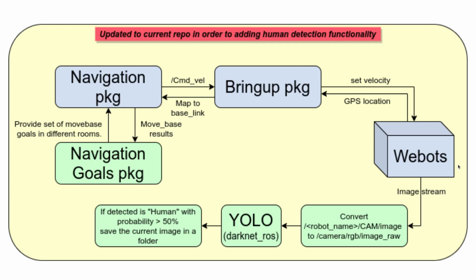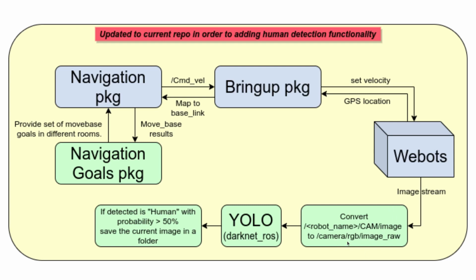On the other hand, we have the image stream from Webots. The image comes as /robot_name/cam/image, and we will convert this topic name to /camera/rgb/image_raw.